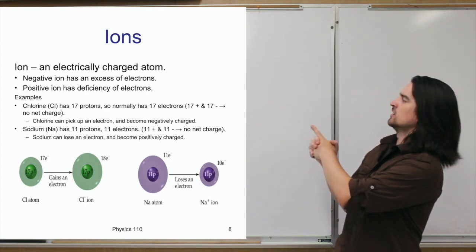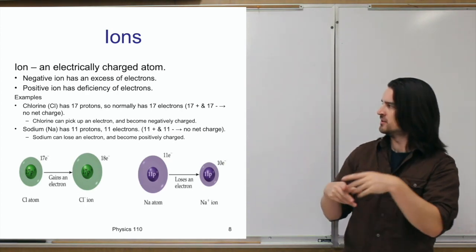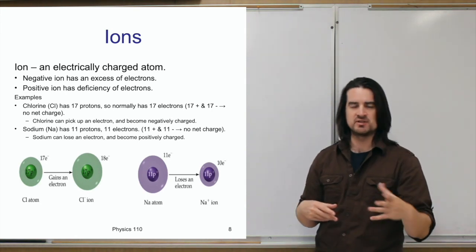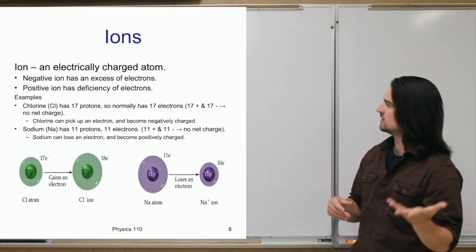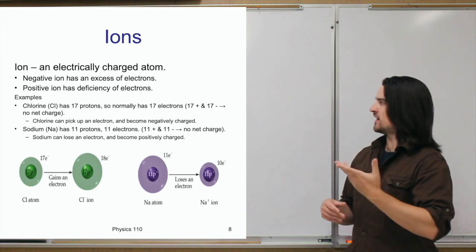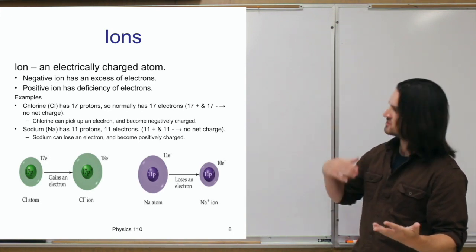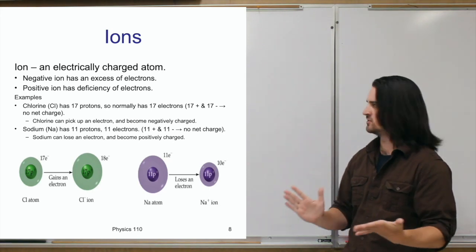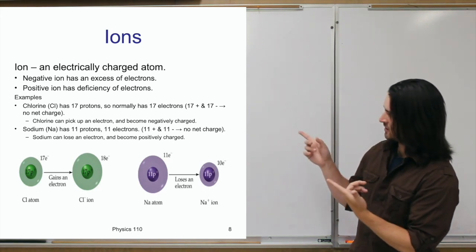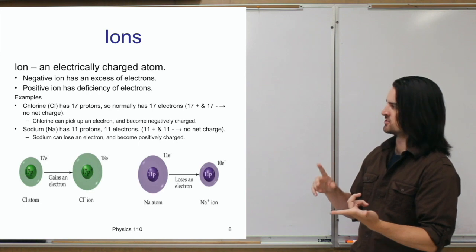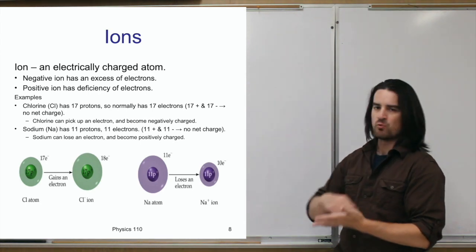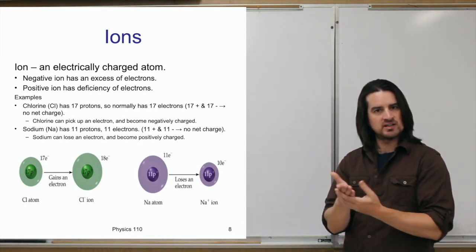So for instance, if you have chlorine, atomic number 17, meaning it has 17 protons in the nucleus, and it normally has 17 electrons. Right? 17 pluses plus 17 minuses is 0, no net charge. However, if chlorine were to pick up an extra electron somewhere, you would have one extra negative than you did positive overall.